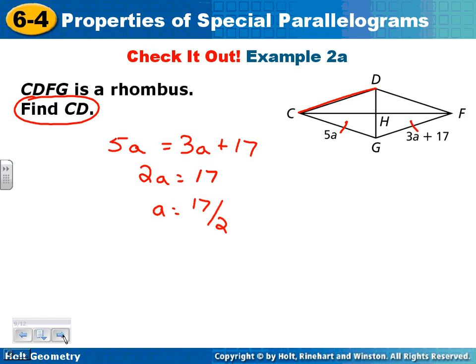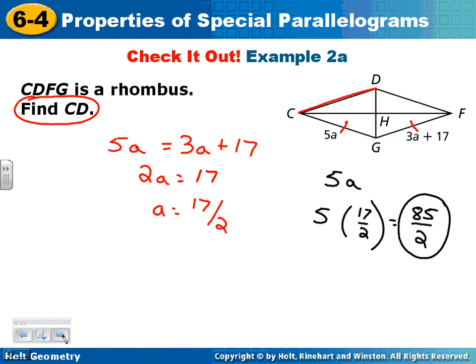And now I need to plug that in to, let's choose the 5A because it'd be easier. Plug it into 5A and take 5 times that A, so times 17 halves. That would be 17 times 5 is 85 halves.